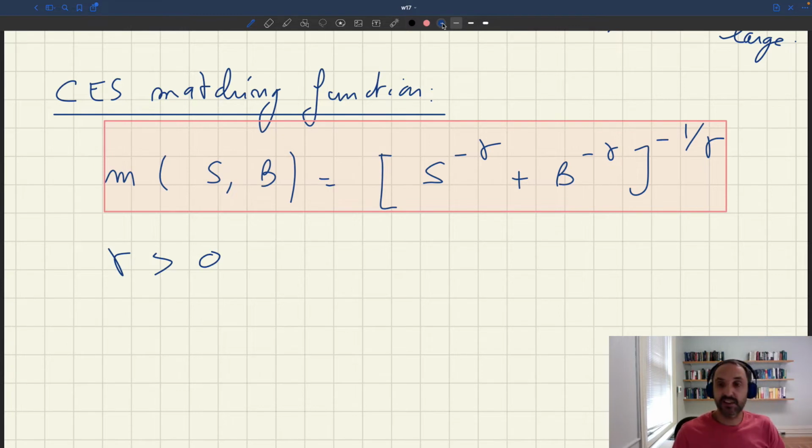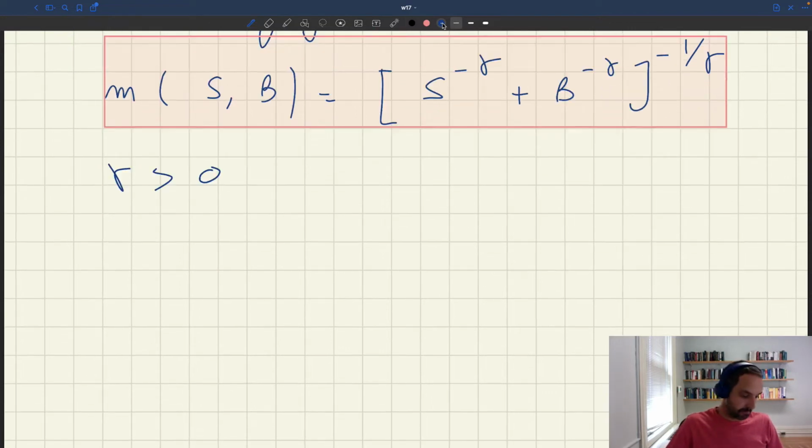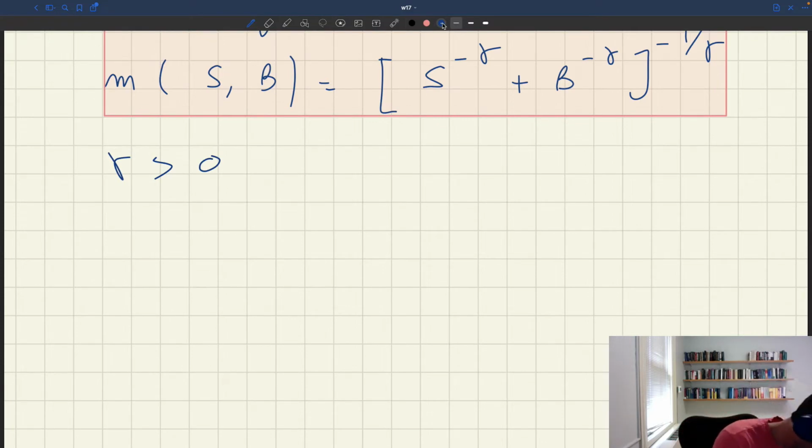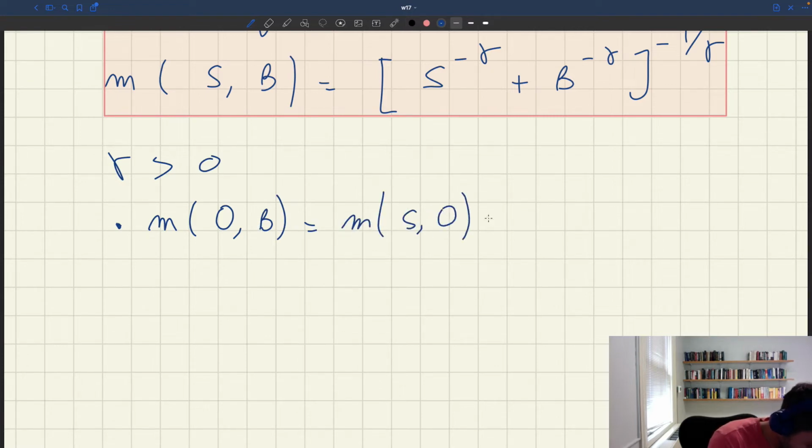So let's check that all the properties of the generic matching function are satisfied here with our CES function. So what do we want to check? First, of course, we want to check that the matching function is equal to 0 when there are no sellers or no buyers. And here that's going to be verified, right? Because if S is equal to 0, S to the power of minus gamma, since gamma is positive, is going to be infinite.